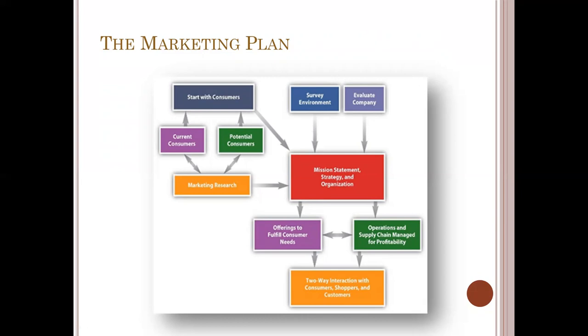Once a company has decided what business it is in and expressed that in a mission statement, the firm develops a corporate strategy. Then the marketing strategies use the corporate strategy and mission and combine them with an understanding of the market to develop the company's marketing plan.